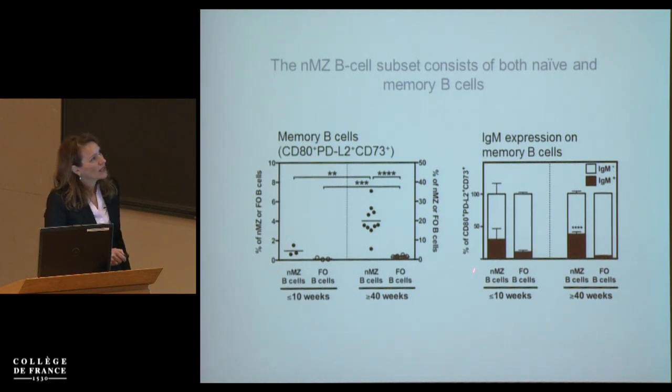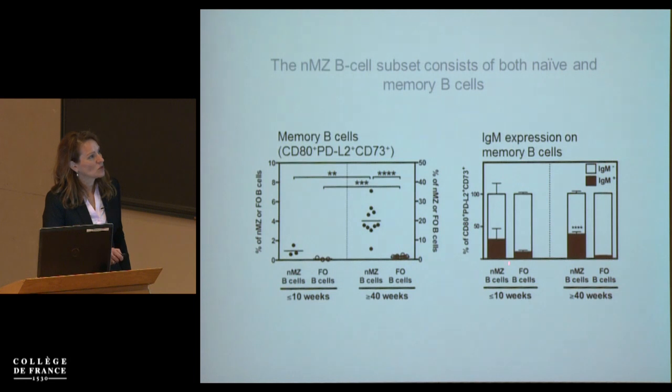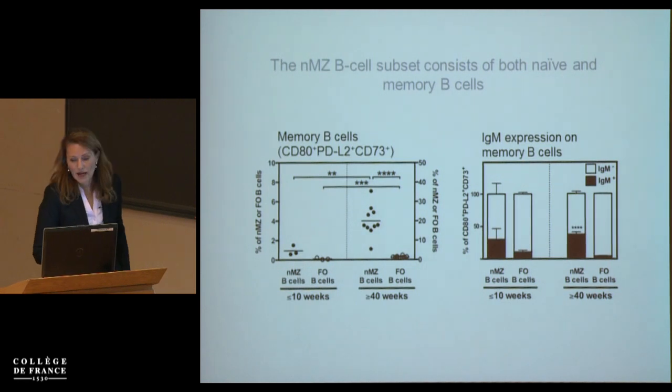But we see that up to like 35% of the nodal marginal zone B cells which have this memory phenotype are still IgM positive. So this is a kind of characteristic of these memory cells, and you don't see this in the follicular memory compartment. So they contain IgM positive memory cells.